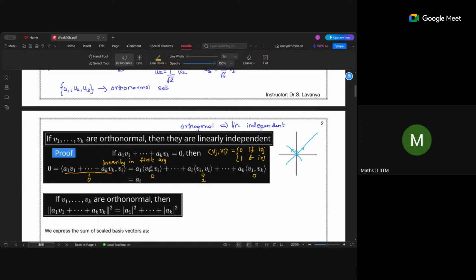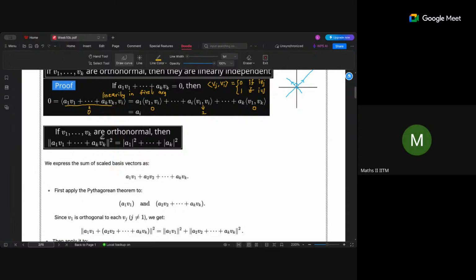So these terms are becoming 0 and only this is 1, so this coefficient alone remains. We have taken any vi and got the answer ai as 0. This means for all i, ai is equal to 0, and hence v1, v2, ..., vk are linearly independent. Is this proof clear for everyone? Okay, good.